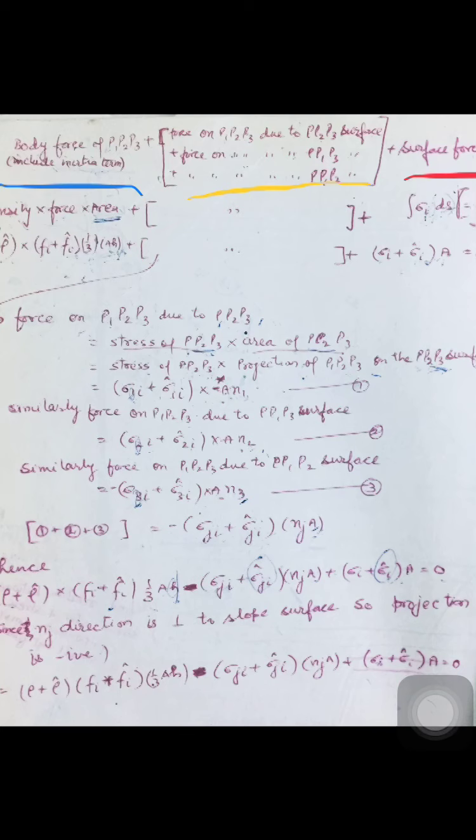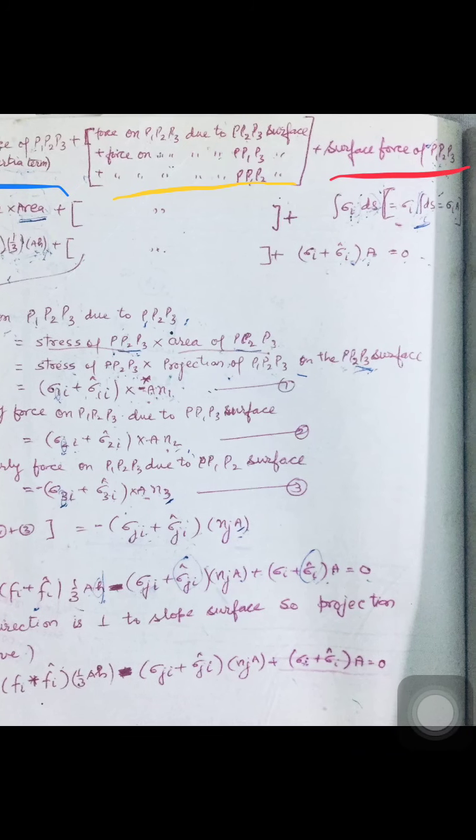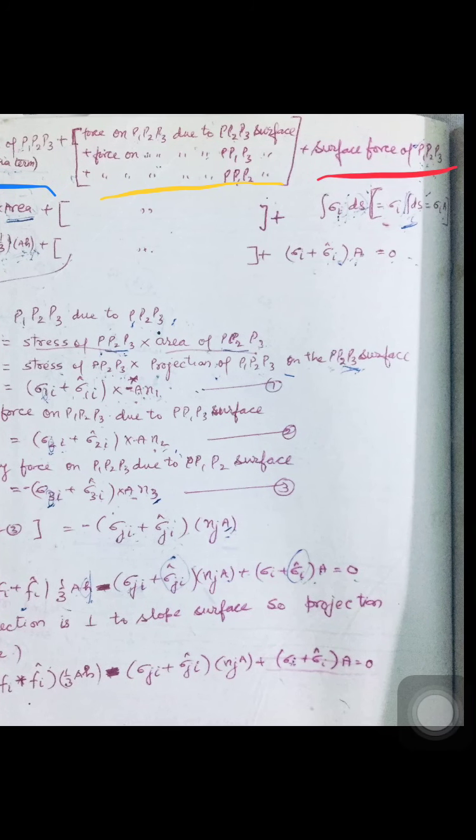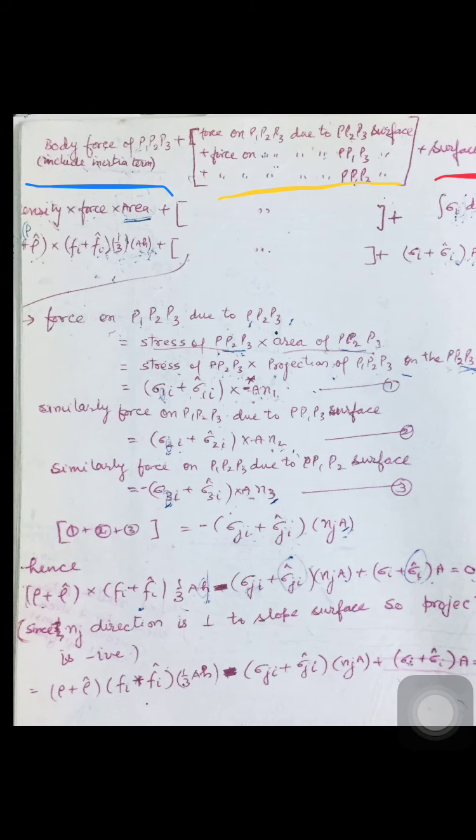The second part, in yellow ink, is denoted by the force on P1, P2, P3 due to the P2, P3 surface, similarly plus the force due to the P1, P3 surface, and finally plus the force due to the P1, P2 surface. That means all three sloping faces in a tetrahedron. And the last, in red ink, is nothing but the surface forces on P1, P2, P3.